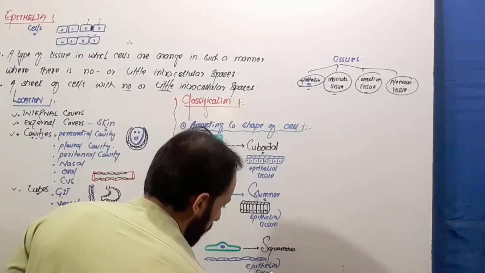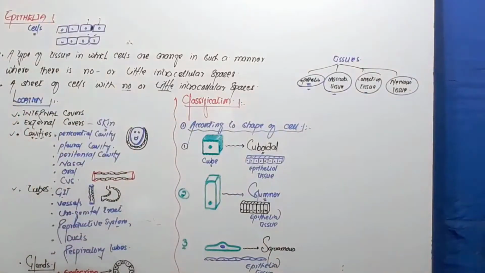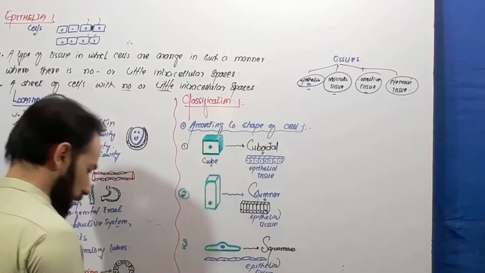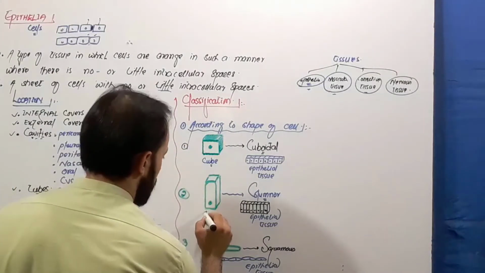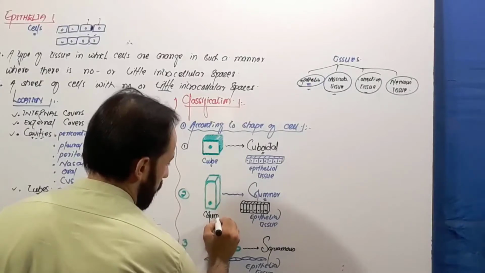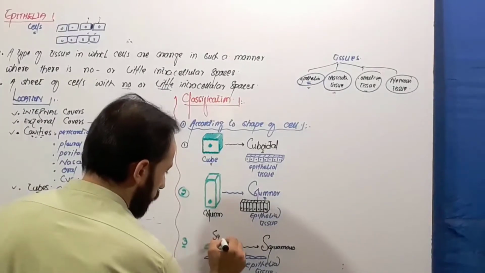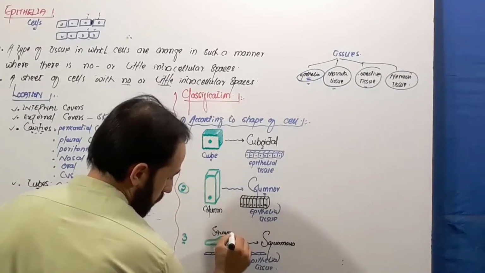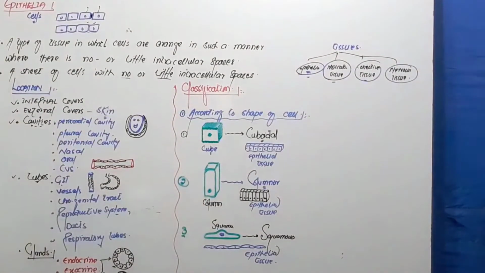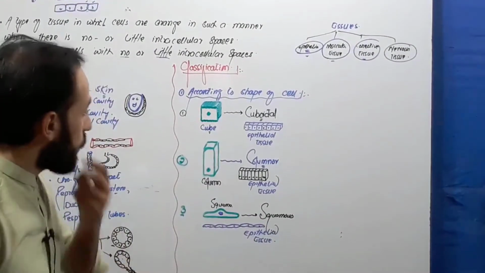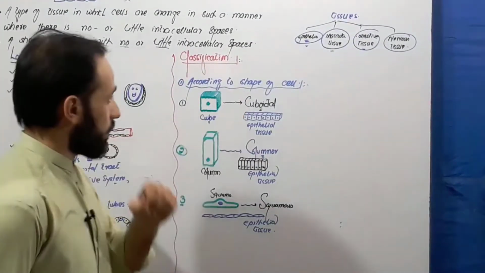So according to shape of the cell, we classified the tissue into cuboidal, in which the cells are cube shape, and columnar, in which the cells are column shape, right? And squamous, in which the cells are squama shape. That's why we say this tissue is called the squamous epithelial tissue. Done. Then this was the first classification.